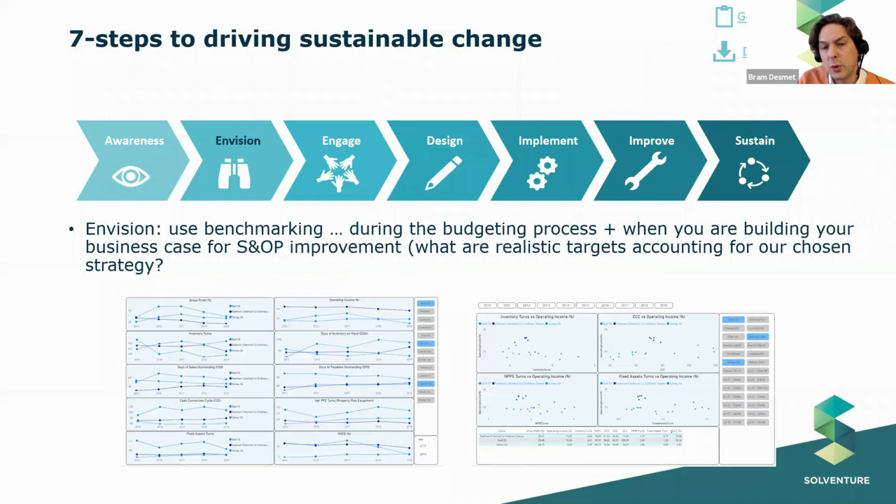So how do we use it practically? Today, I see this type of benchmarking at 2 points in time during the budgeting process. Last week, we had a couple of discussions with the Bose Corporation. They are now in the budgeting for next fiscal year. Supply chain gets some aggressive targets on inventory from finance.